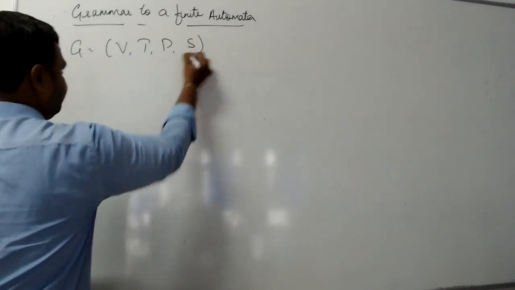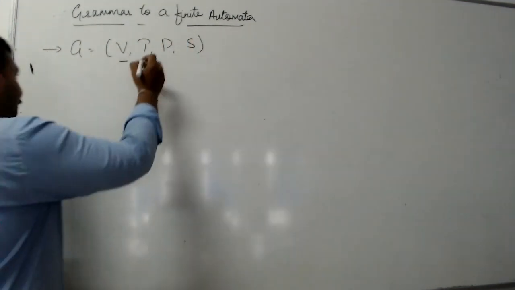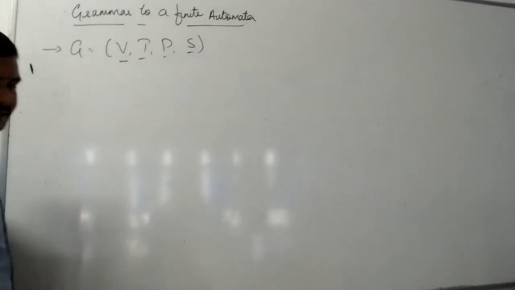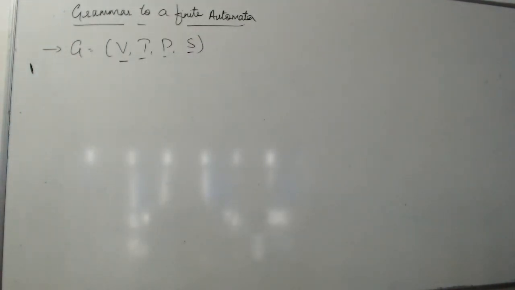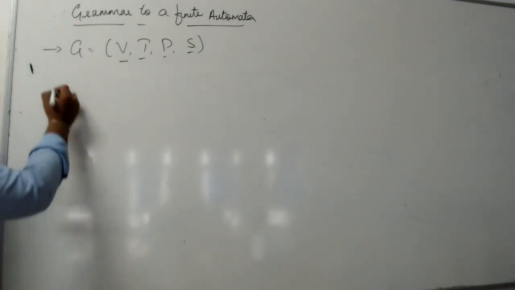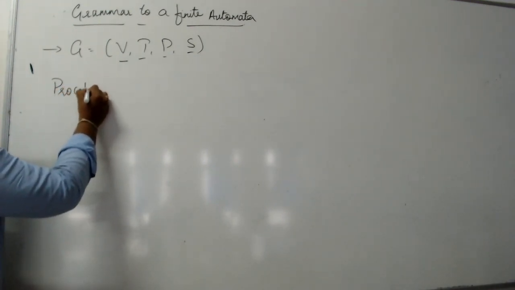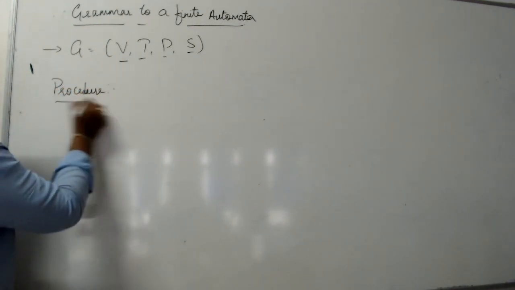Where V stands for non-terminals, T for terminals, P for productions, and S a start symbol, right? During the conversion of a grammar to a finite automata, we need to follow some procedures. So what are the different procedures that we need to follow?